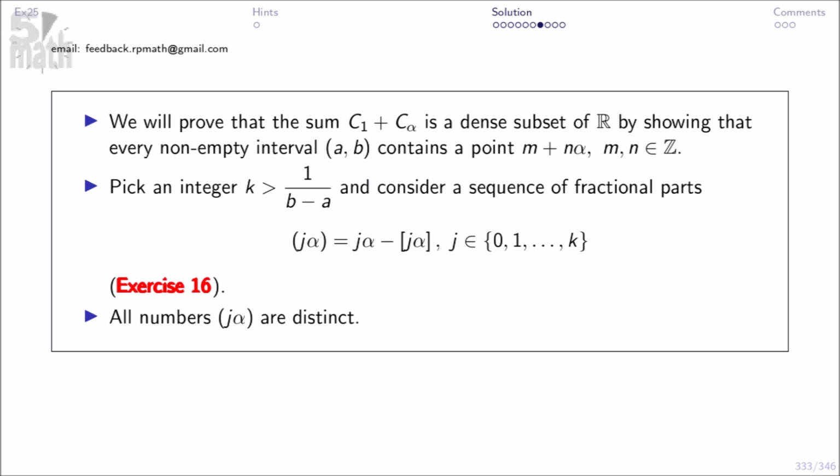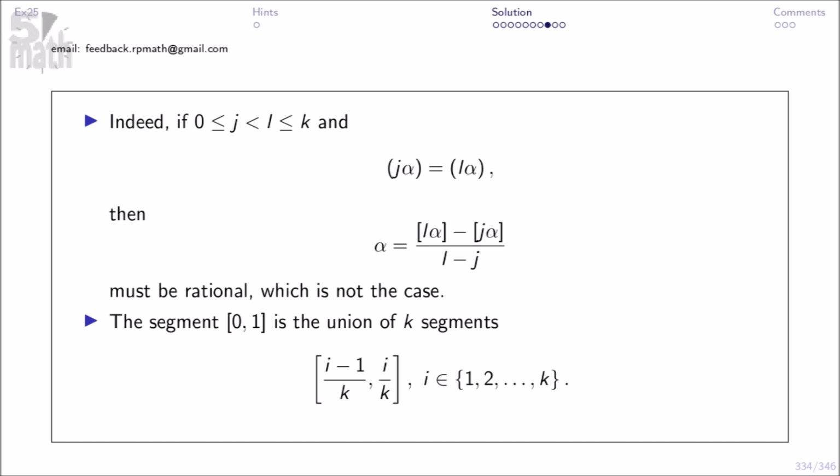Pick an integer k greater than 1 over b minus a and consider a sequence of fractional parts. Here, by Exercise 16, all numbers, fractional parts of j alpha, are distinct. Indeed, if 0 is less than or equal to j, less than L, less than or equal to k, and this, then that must be rational, which is not the case.